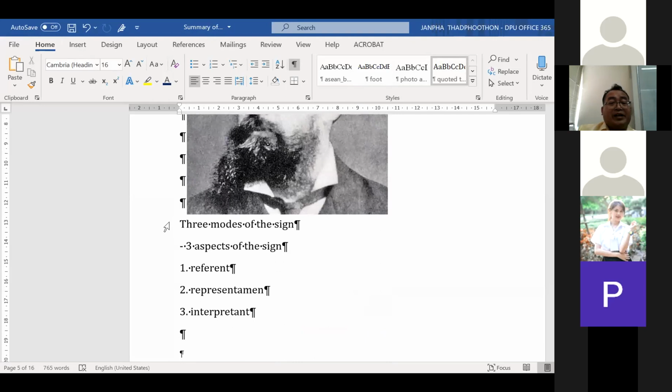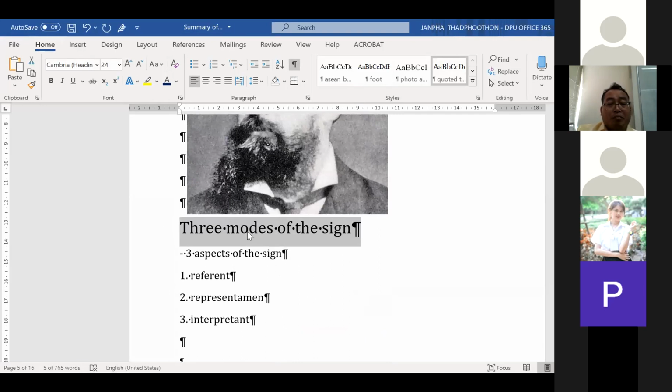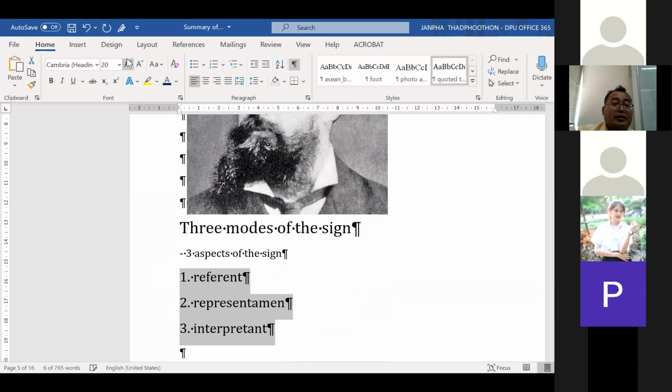So what happened? He proposed the three modes of sign, namely the referent, representamen, and interpretant.